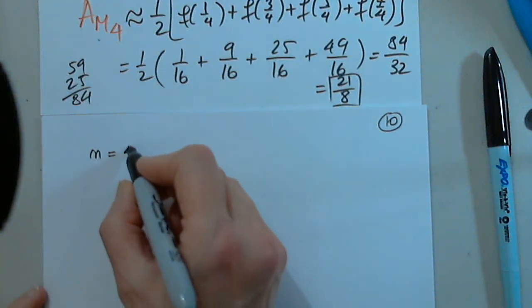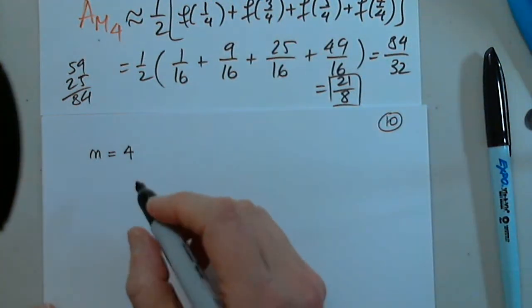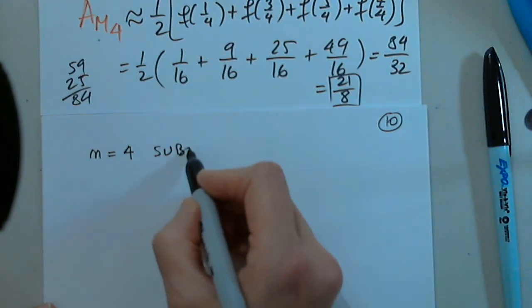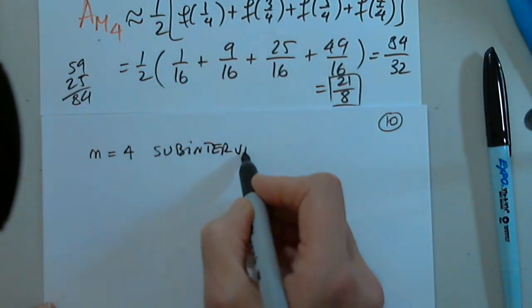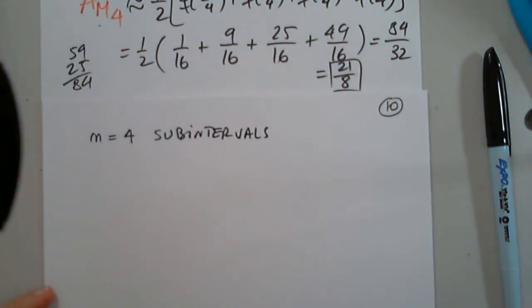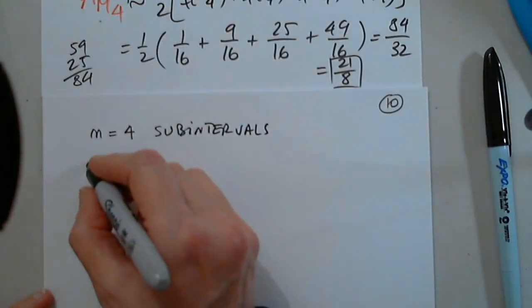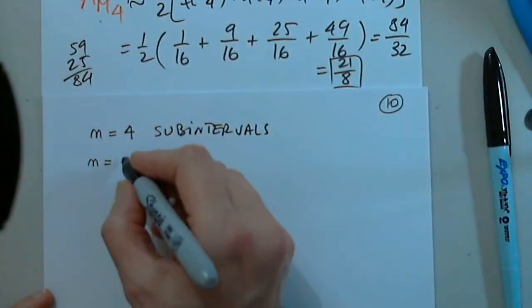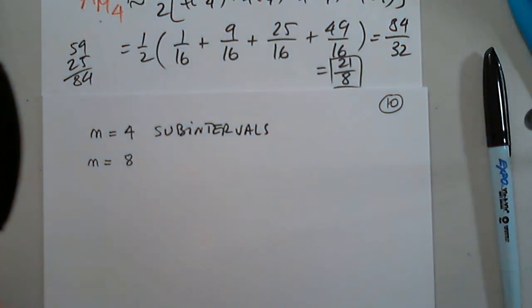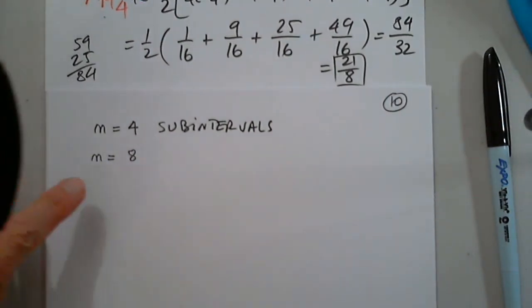Calculation, our three estimates, 4 subintervals. Okay. Now, tell me whether you will feel better with 8. Will those 3 approximations be closer to the real number, the exact number, if I use 8 subintervals?